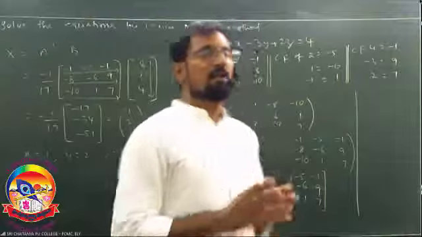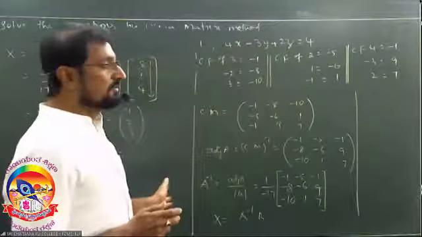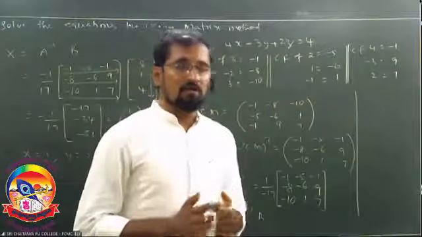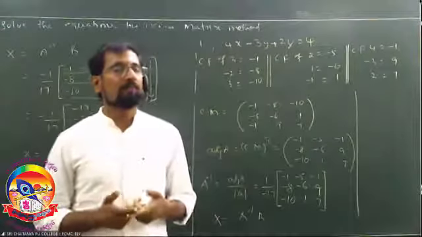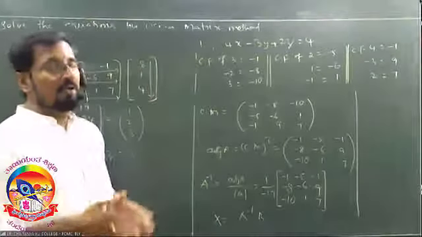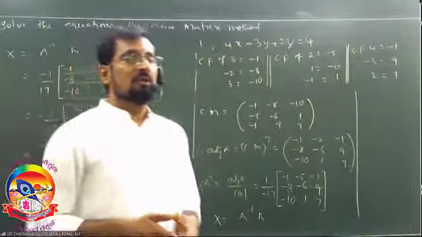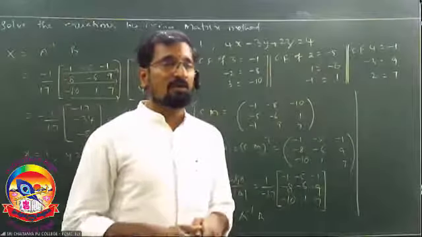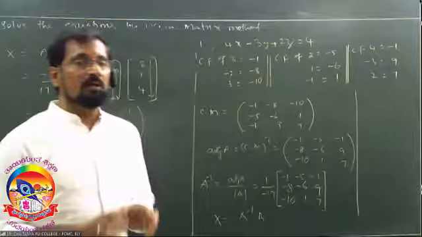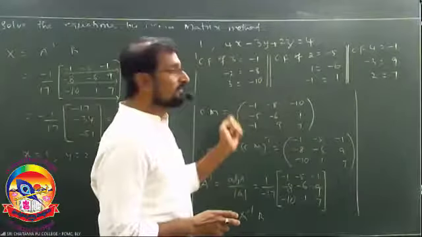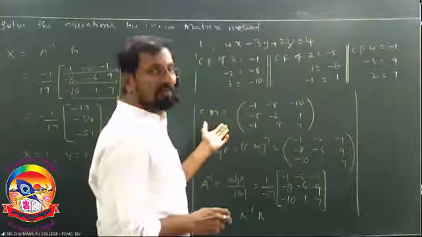Next, here the A value is equal to minus 17, which is not equal to 0. Therefore, we went through the cofactor to find out adjoint A. To find out adjoint A, you should find out each and every element's cofactor. So I found the cofactor of each and every element in the coefficient matrix. Then I got the cofactor matrix like this.